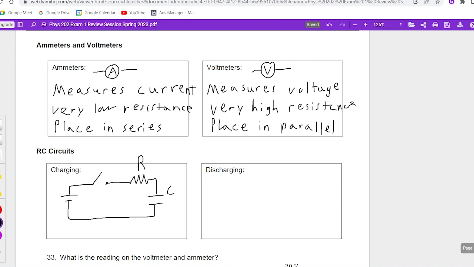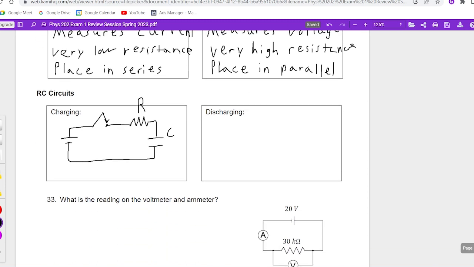What we're saying is you're closing the switch, like you're turning the circuit on, with charging. The equation is VC, and we always care about the voltage in the capacitor. The voltage in the capacitor is V naught, where V naught is the original voltage of the battery, times parenthesis 1 minus e to the negative t over tau.